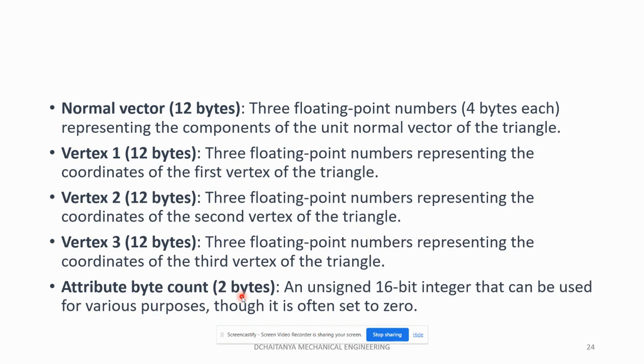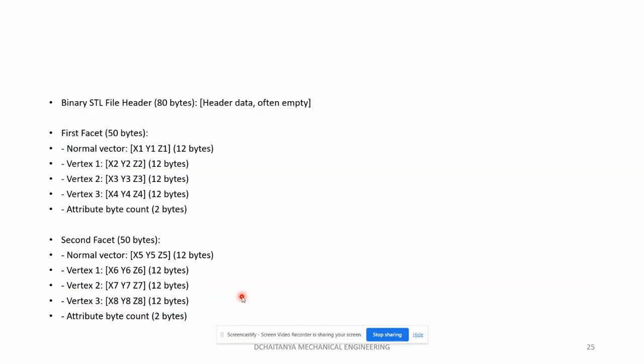These are the normal vectors, and each vertex is saved in 12 bytes. Finally, these are the different techniques which you will need to perform in STL file repairing software. Thank you.